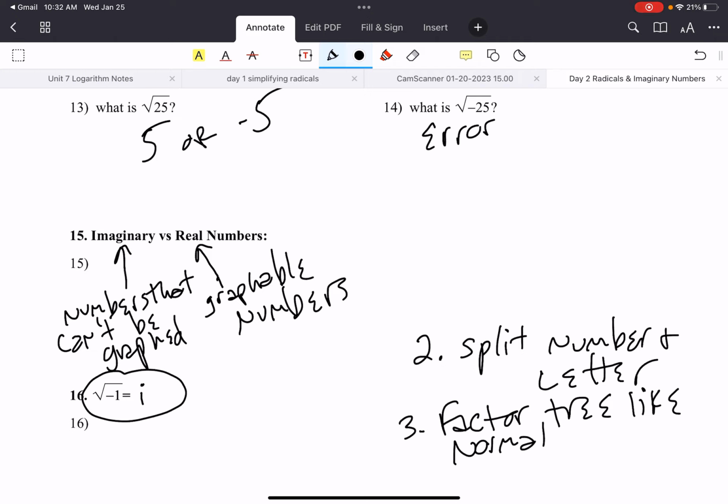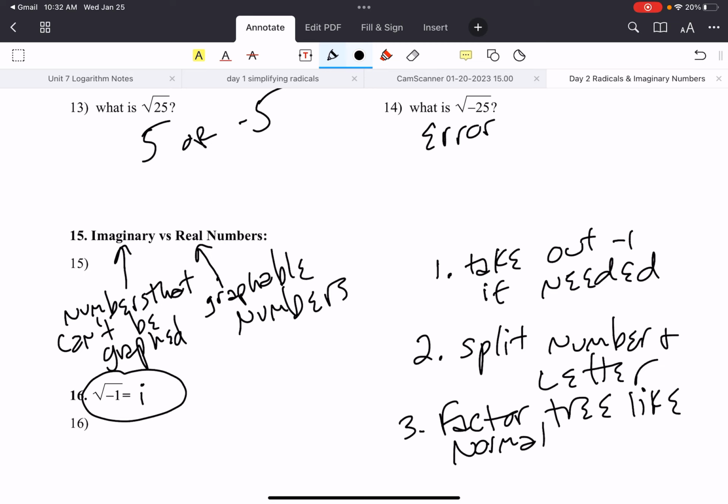So my first step from now on is take out -1 if needed. So basically you're going to get rid of the i if my number is negative under my square root.